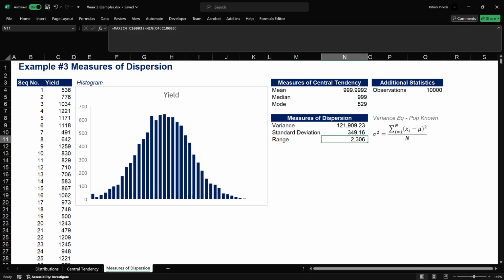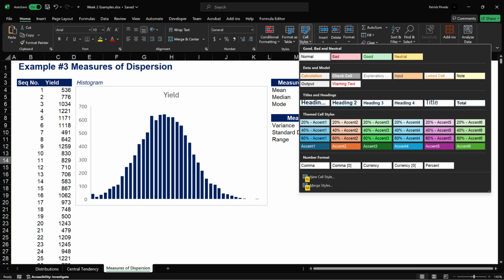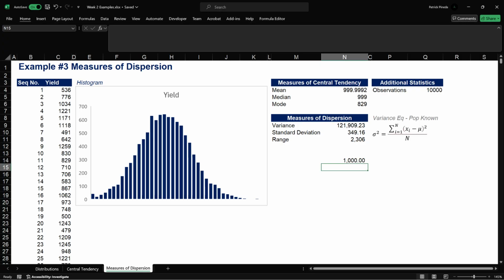From the average of 1,000 cars, if we go plus 350 and minus 350, so between 1,350 and 650, that covers 68% of the possible distribution of outcomes from this factory to yield the cars.